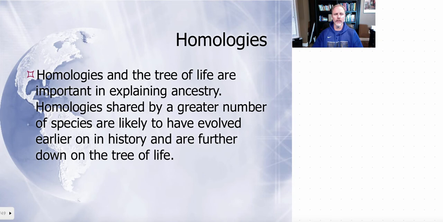So now as far as homologies go, homologies in the tree of life are very important in explaining how all of these organisms are related to one another in one way, shape, or form. The greater the number of homologies shared by a particular set of species, the earlier in natural history it developed, the further down the tree of life.